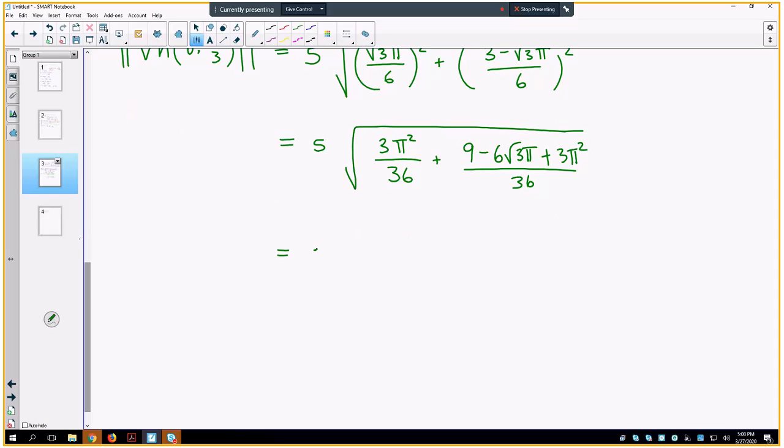So I still have 5 in front. Square root of 36 is 6, so I can just say this is 5 over 6. And inside my square root, I have 3 pi squared plus 3 pi squared, that's 6 pi squared, minus 6 square root of 3 pi, plus 9.